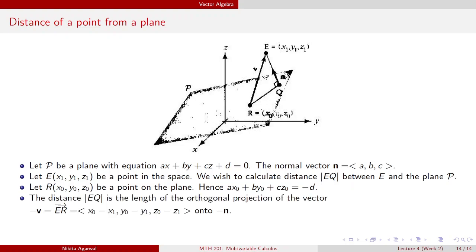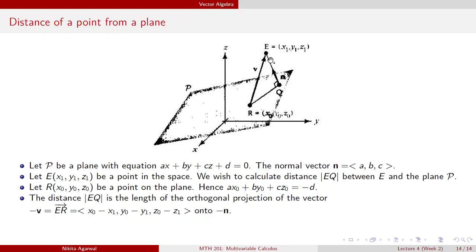So EQ is nothing but the length of the orthogonal projection of the vector minus v onto minus n. I am taking minus v because the v I have drawn is in this direction, so minus v will be in the opposite direction, and minus n will also be in the opposite direction.